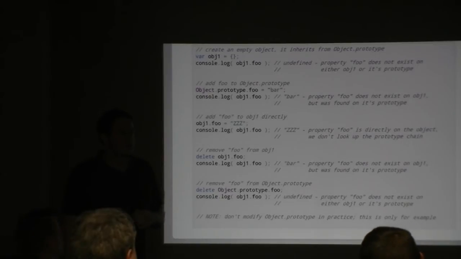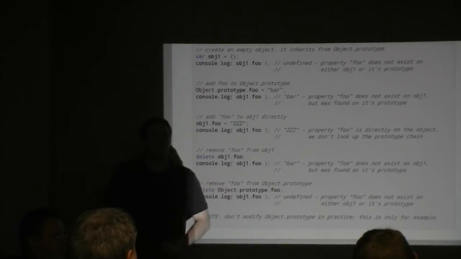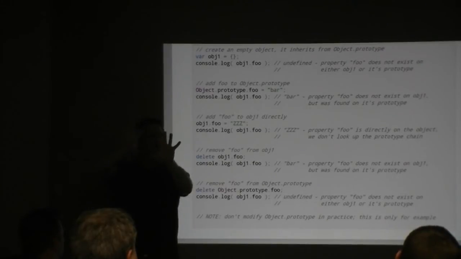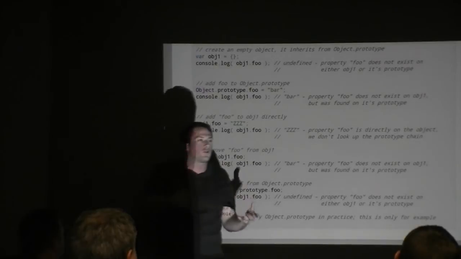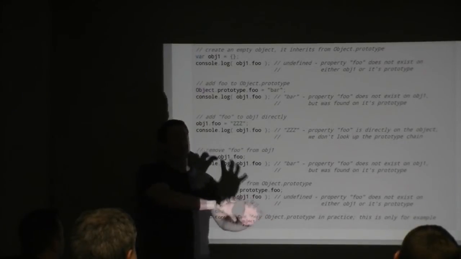Yes, sir? You mentioned a minute ago that they'll look to the parent sometimes too. Which one is more important, the prototype or the property on the parent? Okay, so let's assume we're three levels deep. Let's use an array, because an array is an instance of an object. So we would have the global object here, array here, and let's assume we've created an instance of an array here. We're looking for a property on this instance.